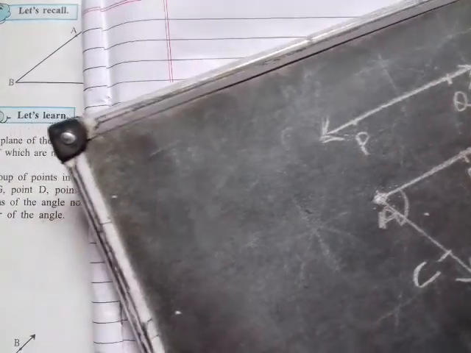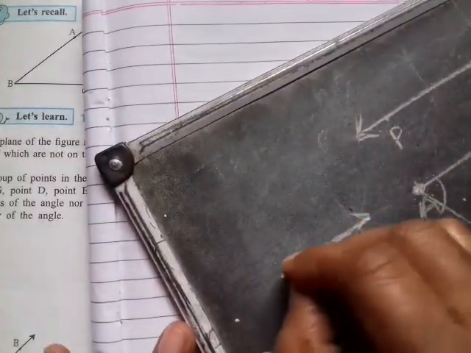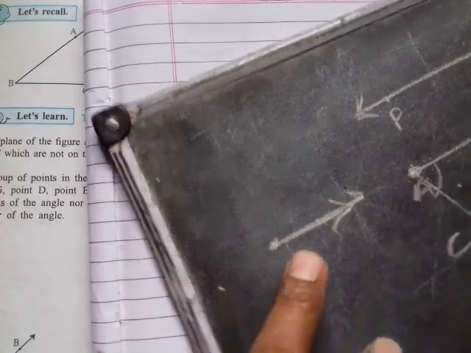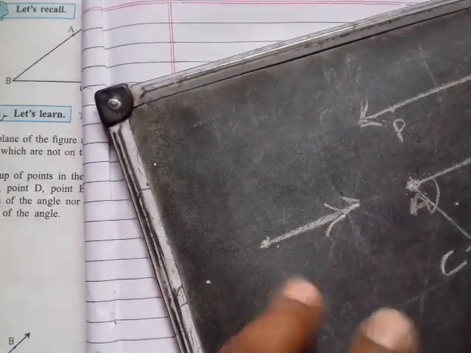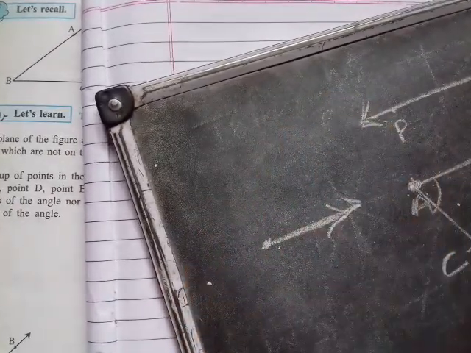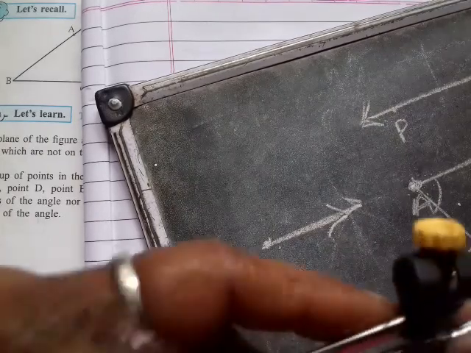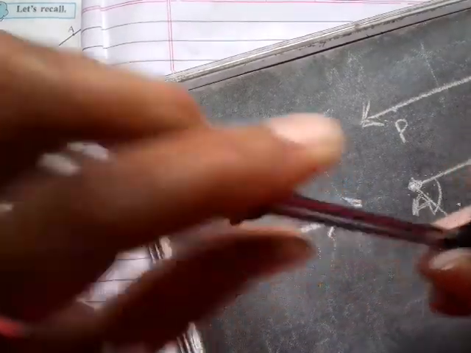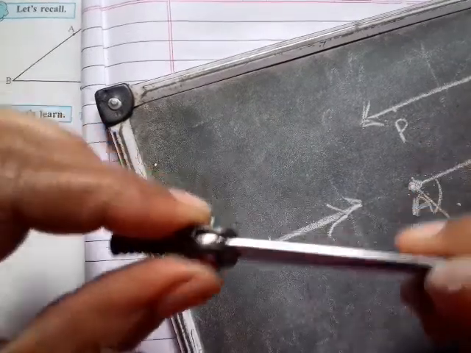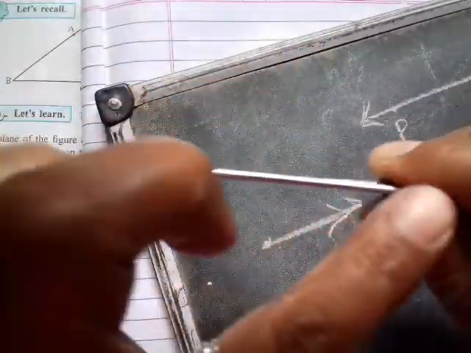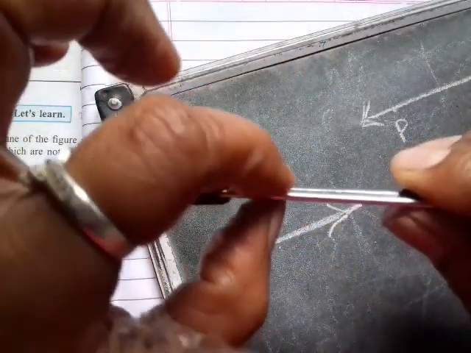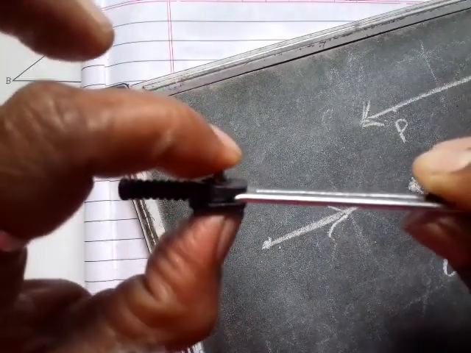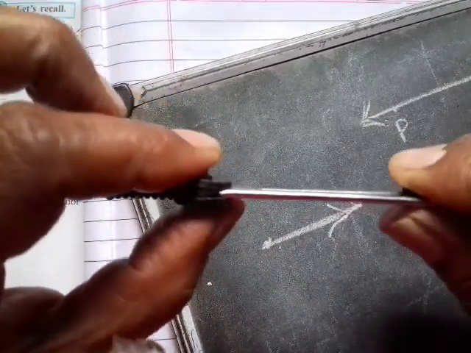Now last year we studied the zero angle, where both the arms are on one another at the origin, so there is no inclination. Inclination means what? Suppose this compass here, both the lines are on one another, and this is the main origin, so there is no inclination.